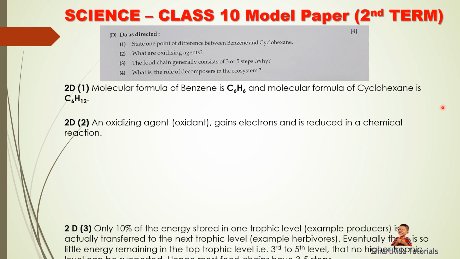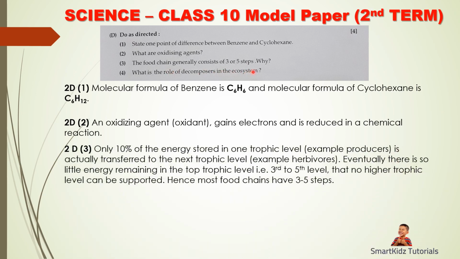Next question. The food chain generally consists of 3 to 5 steps. Why? As we know, as energy moves from one trophic level to another, there is a 10% reduction in energy. So as the energy gets transferred from one level to another, hardly any energy remains when it is past the third step.